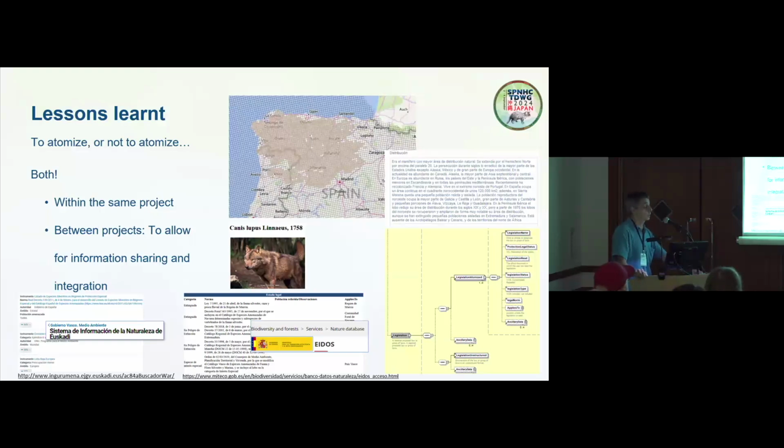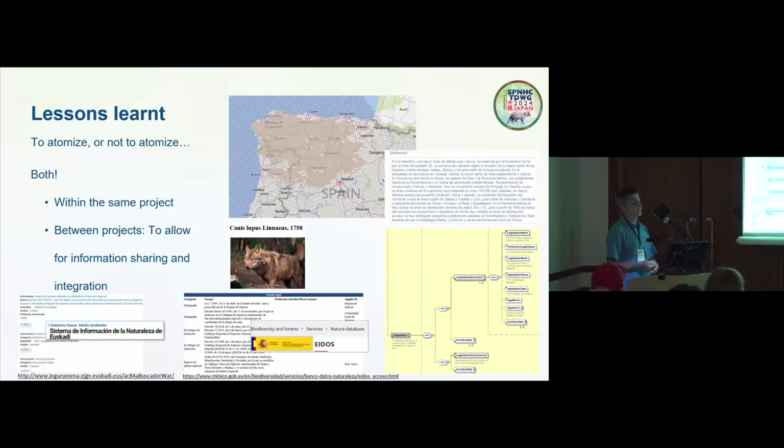The unstructured approach basically sets up a box of text on the concept, for instance feeding, or annual cycle, or reproduction, and so on. And then the atomized branch provides a number of specific terms to better define and to better manipulate and access that information. Depending on the case, some projects go for the unstructured route, some others go for the atomized route. In many cases, it's a mixture of the two approaches depending on the focus of the project.